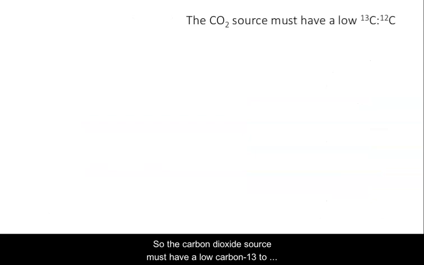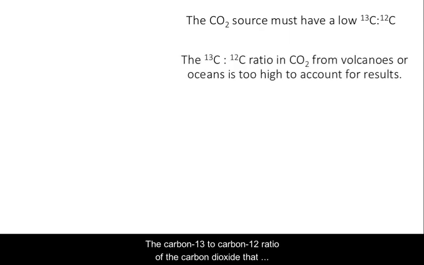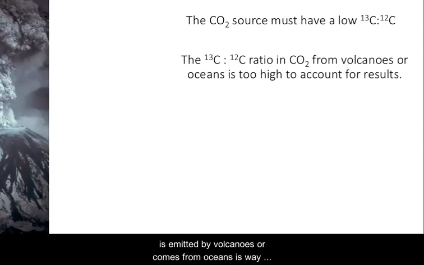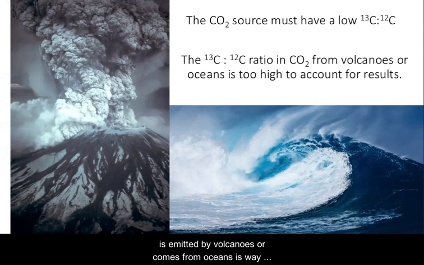So the carbon dioxide source must have a low carbon-13 to carbon-12 ratio. And the carbon-13 to carbon-12 ratio of the carbon dioxide that is emitted by volcanoes or comes from oceans is way too high to account for the results.